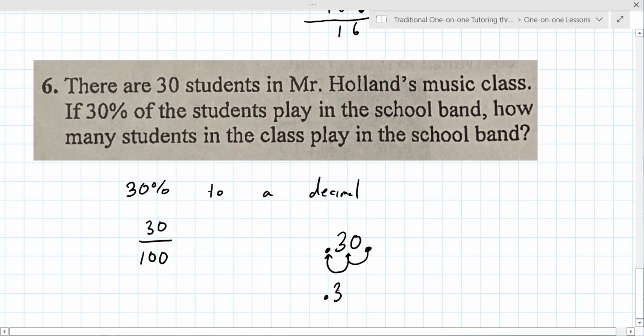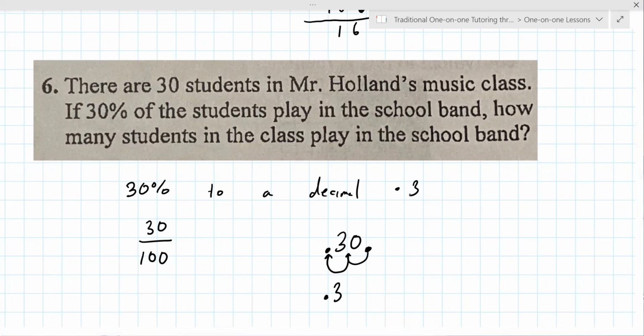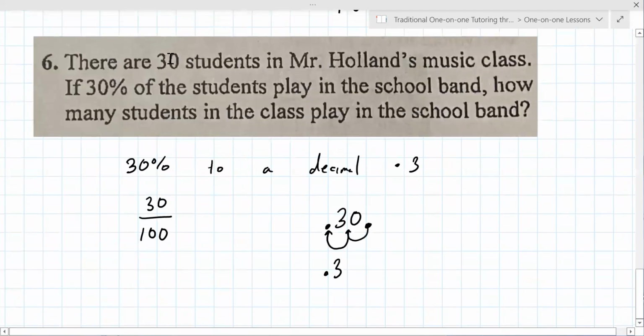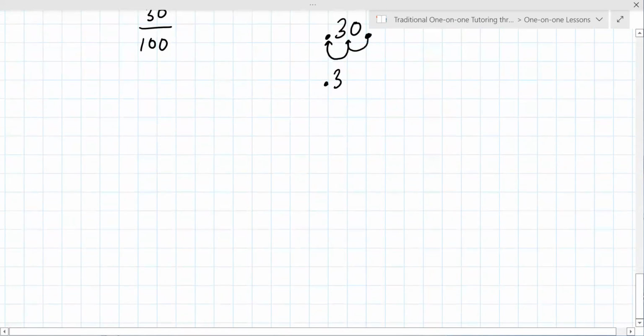So it's 0.3. So 30% to a decimal is 0.3. Now in terms of finding out the number, you have to take the number of students in the class, 30, and multiply it by 0.3.